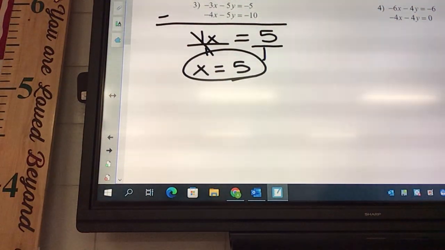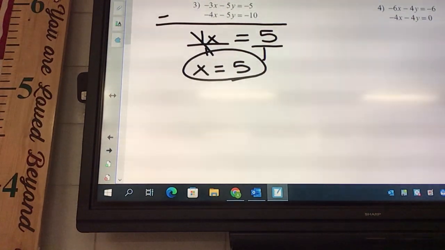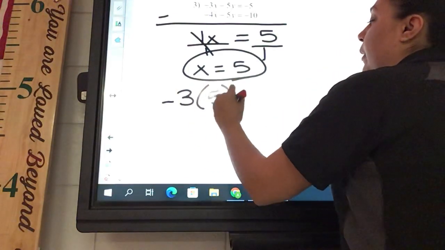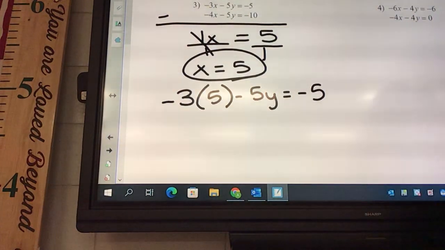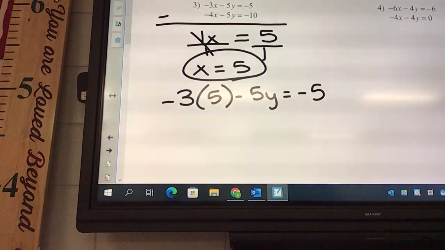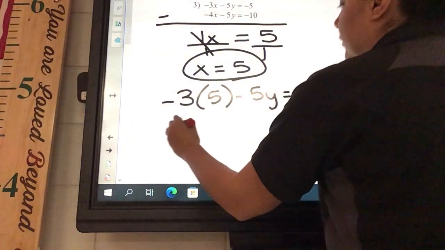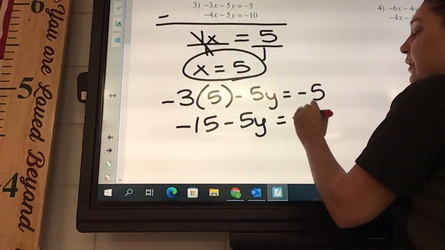Do you want to plug that into equation 1 or equation 2? Equation 1. So we got negative 3, x is 5, minus 5y equals negative 5. What is negative 3 times 5? Negative 15 minus 5y equals negative 5.